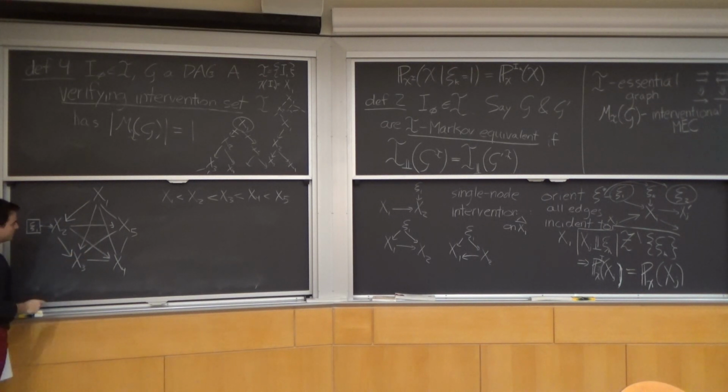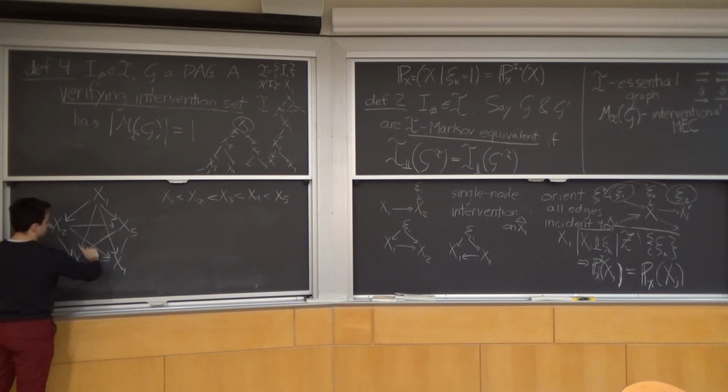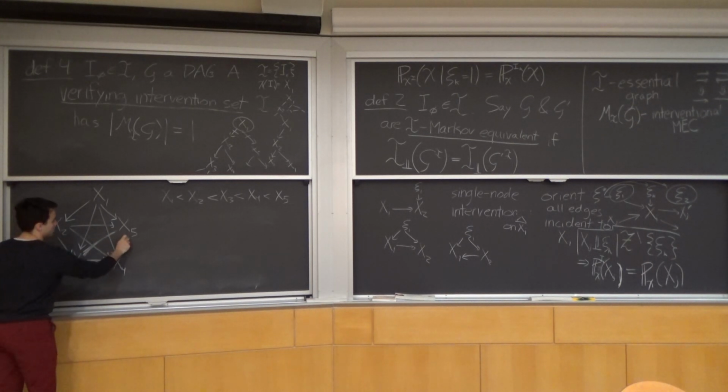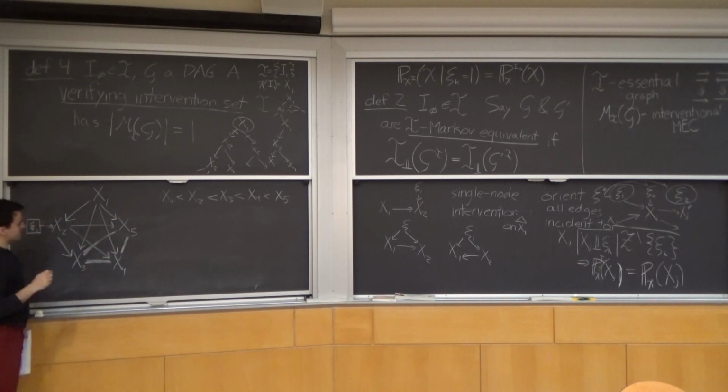So it would have to go this way. And I guess all of the ones that involve 1. So x1 to x2 to x4, and x1 to x2 to x5. So the only edges that we have left over are the edges here. So this is like the half of the graph that came after x2.